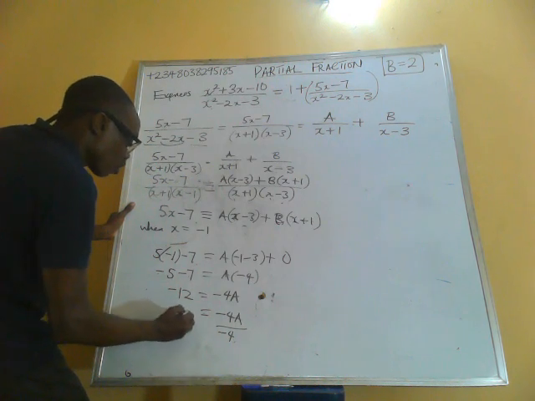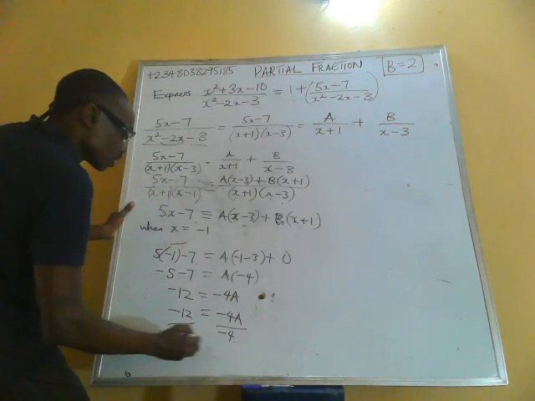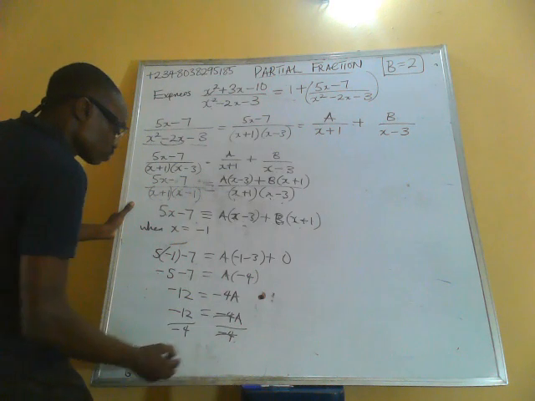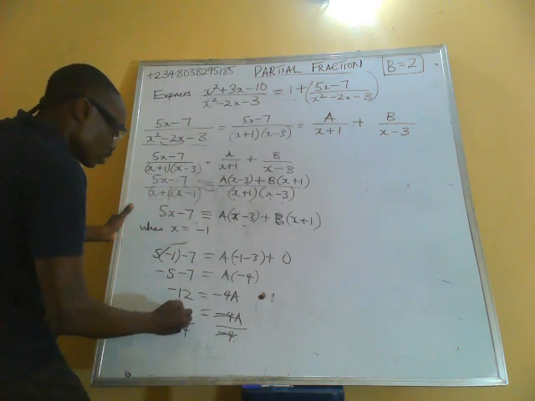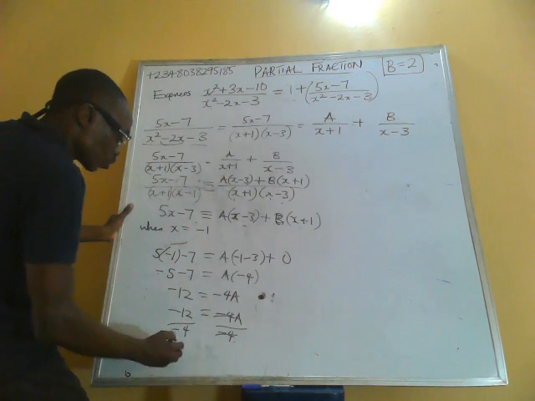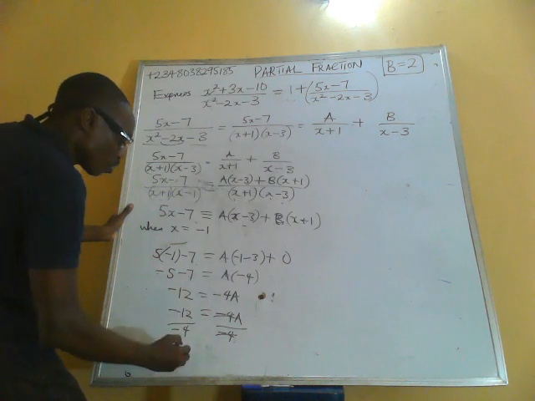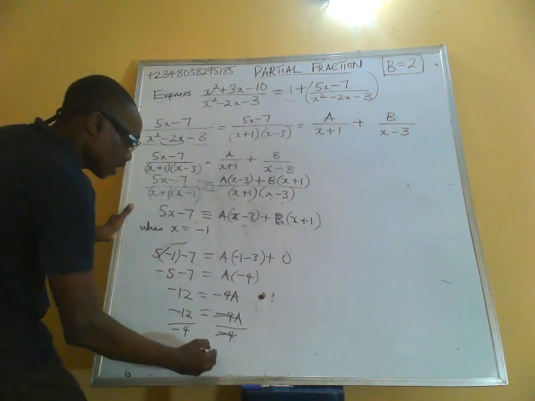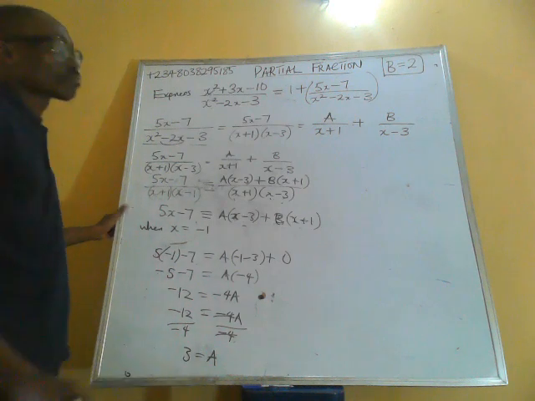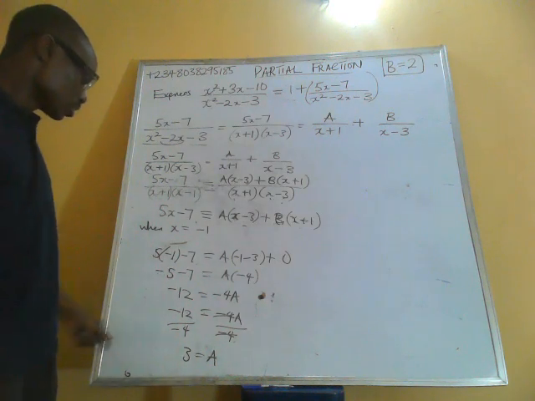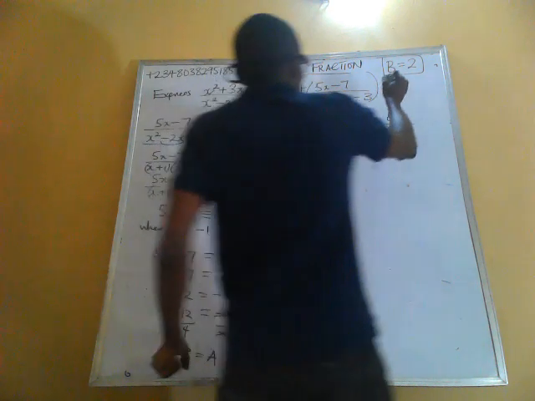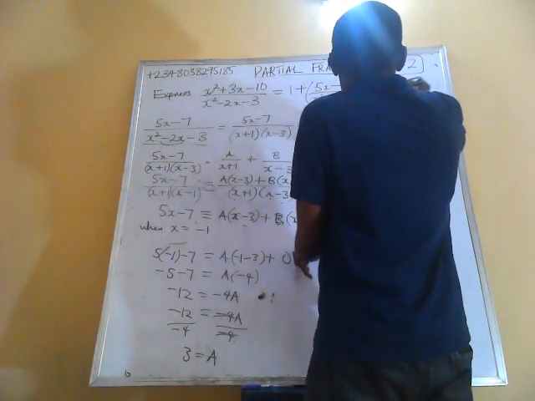So you have -12 divided by -4. -4 cancels -4. Minus divided by minus is a plus. 12 divided by 4, that is 3. So a is equals to 3.